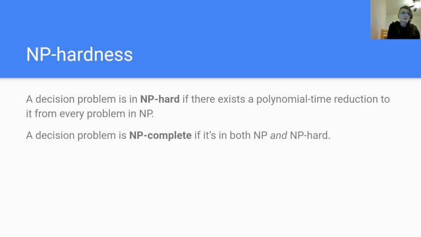There's a little bit more terminology here to go through. A decision problem is called NP-hard if there exists a polynomial time reduction to it from every problem in NP. So remember, NP is problems that can be verified in polynomial time. And if we can reduce all those problems to our potentially NP-hard problem, then it is NP-hard.